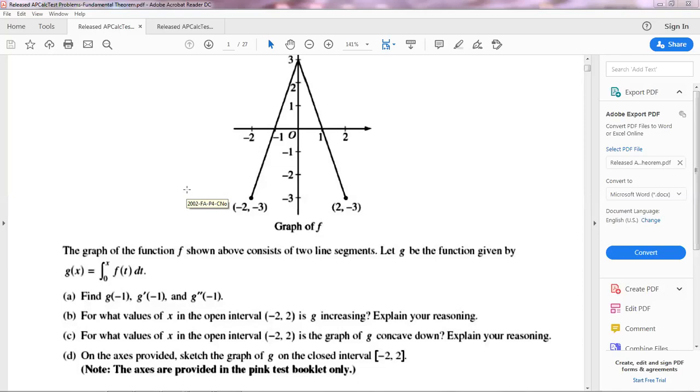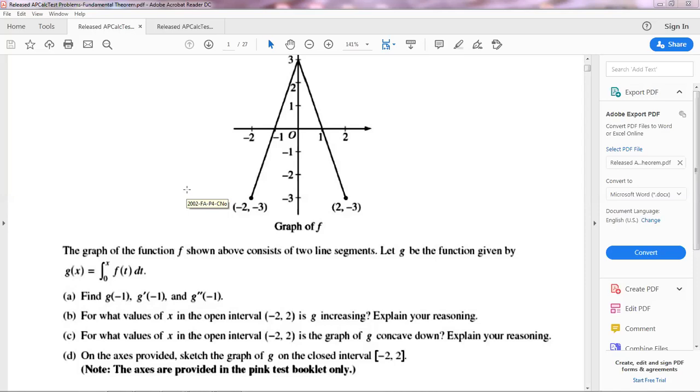So you have a min at negative one, correct? And then you have a max at positive one. So a min at x equals negative one, and you have a max at x equals one.